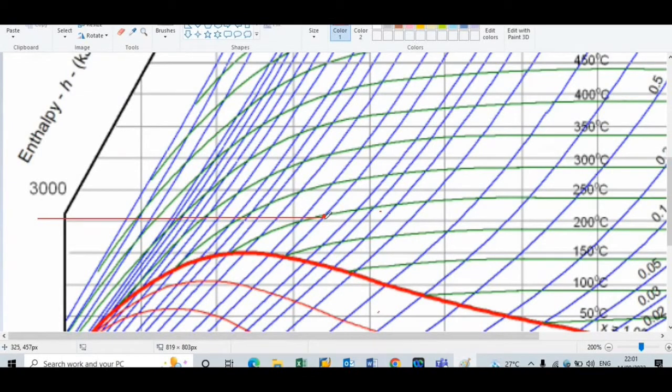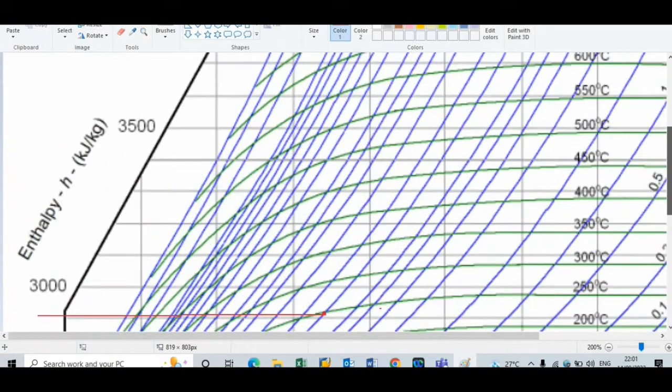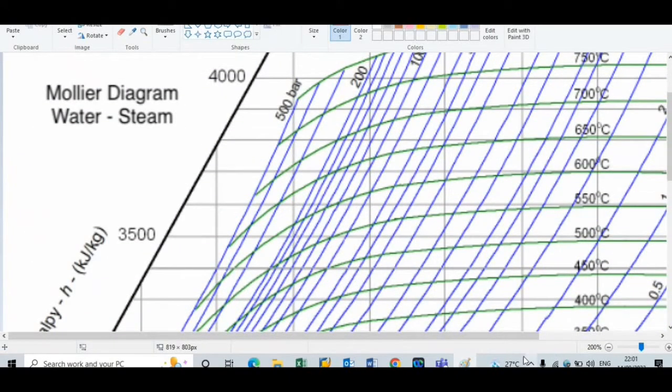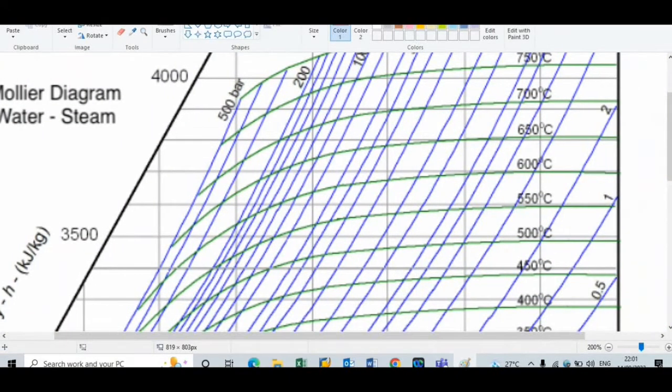Now we have to extend this point for the constant enthalpy. So this red line is the enthalpy line. We have to extend this line in a straight way up to a pressure of 7.5 bar, because the throttling process is taking place up to a pressure of 7.5 bar.